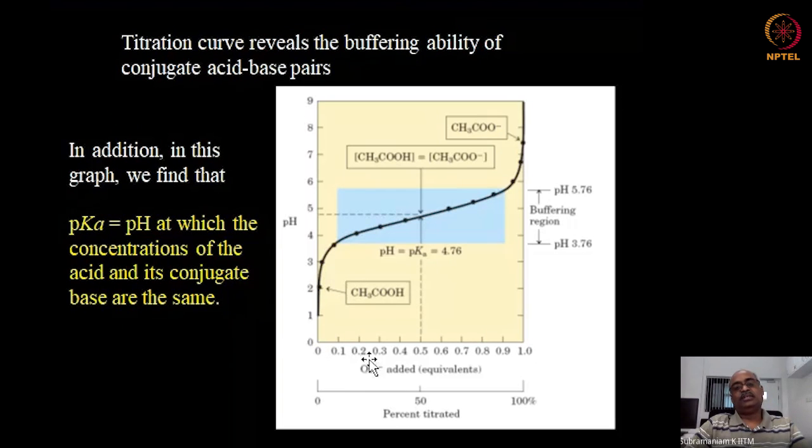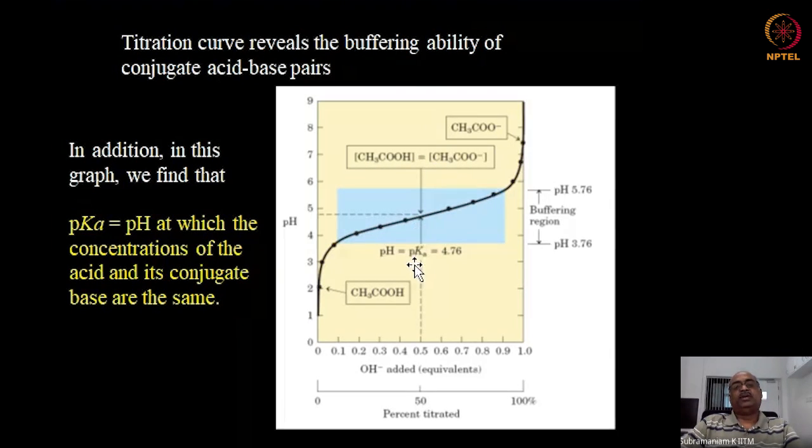You see, as you add the hydroxyl group, the pH increases, and after it increases to a certain level, it does not increase that rapidly. The slope starts to decrease, and then you reach a point where half of the acid is dissociated, and therefore the concentration of the acid and the conjugate base are the same.